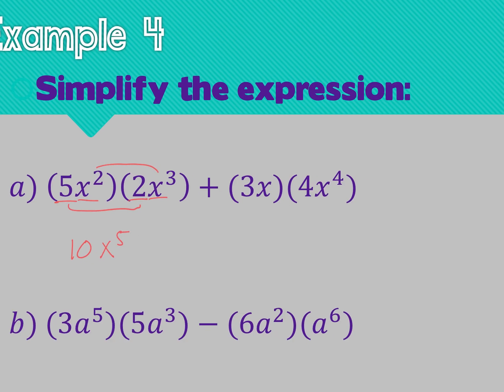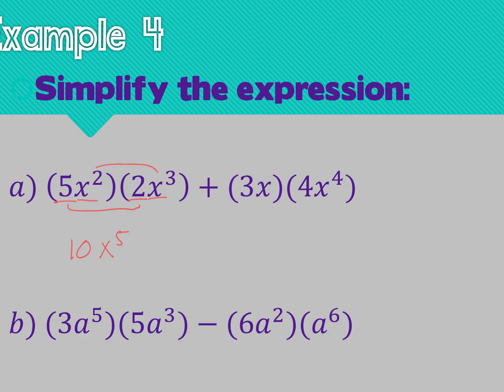Then I'm going to do the same thing on this side here because I'm still multiplying. Order of operations. I'm going to do 3 times 4 to get me 12. X and x to the 4th is going to get me x to the 5th. And now there's a plus in between, which now we can take care of because we did our multiplication.